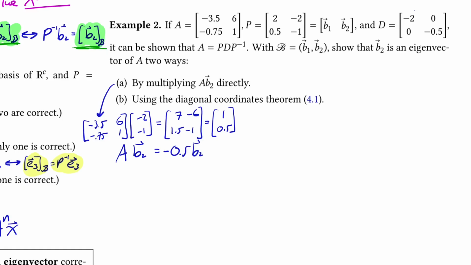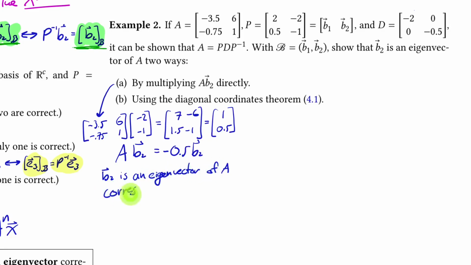So multiplying b2 by this matrix does the same thing as just scaling b2 by -1/2. So in other words, b2 is an eigenvector of A corresponding with eigenvalue -1/2. So that works to just multiply it directly that way.